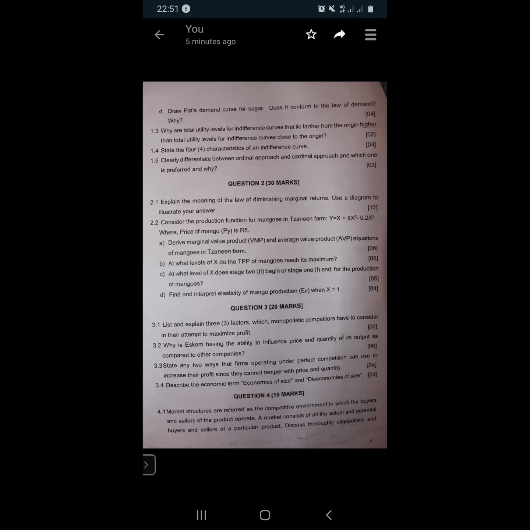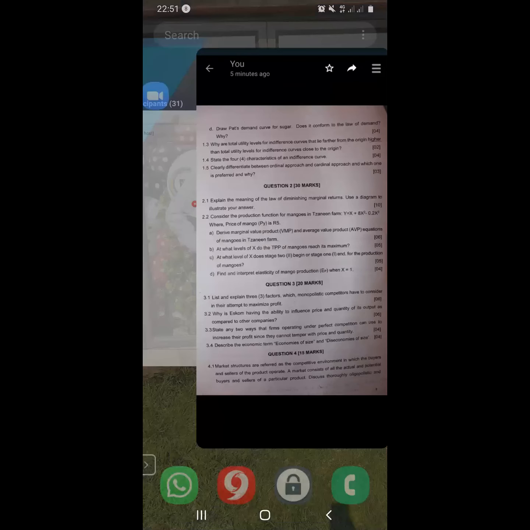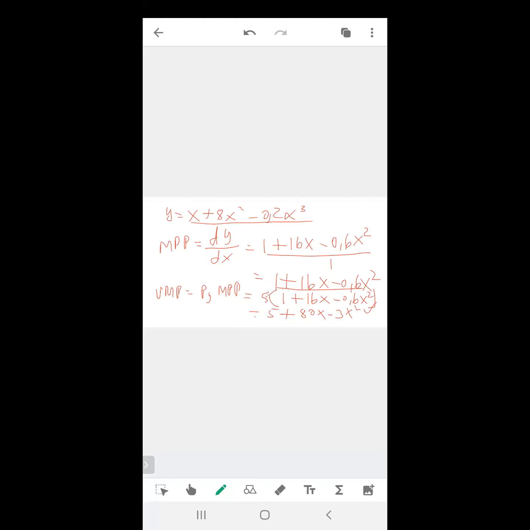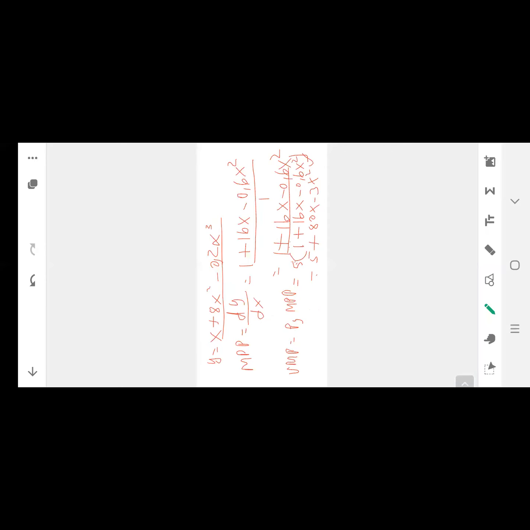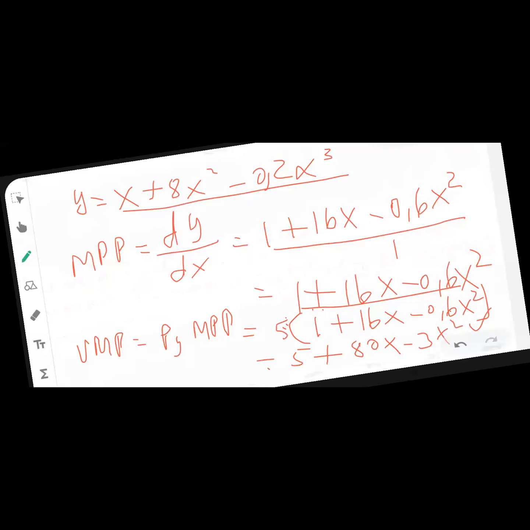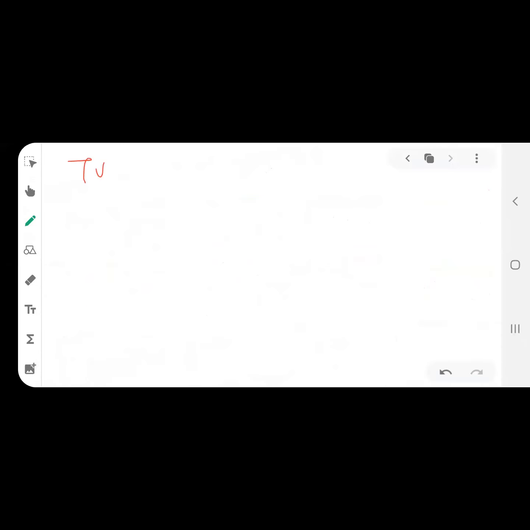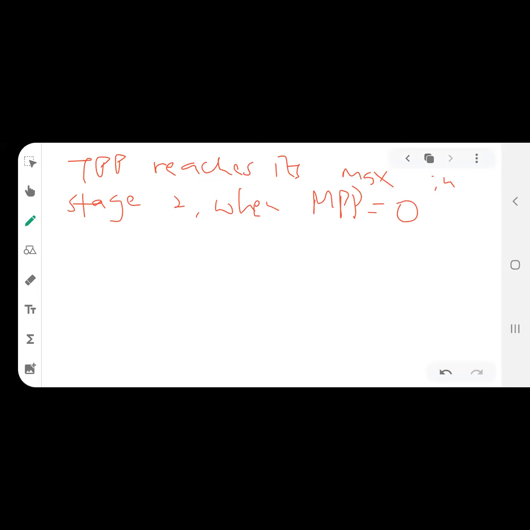TPP reaches its maximum when MPP is equal to 0, and then we solve for X. Good. So you are going to write that statement. If you don't write the statement, you will not get the max. So you will say TPP reaches its maximum. You can even state the stage, right? Maximum in stage 2 or towards the end of stage 2, when or where MPP is equal to 0.